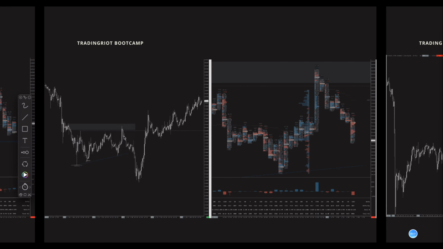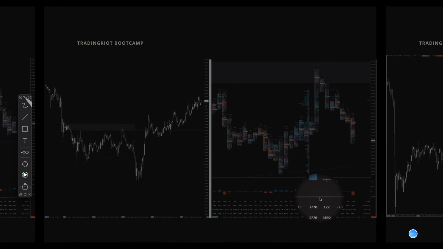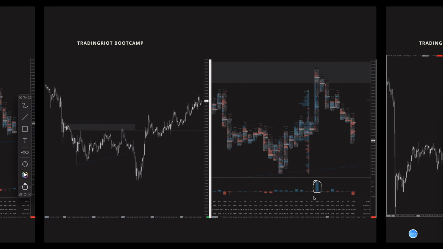So if anything, after such a huge buying, because you can see how big the delta of this candle is compared to basically anything else to the left, even if I wouldn't be sure about shorting this, I wouldn't get long, at least, because there are these lows right here.